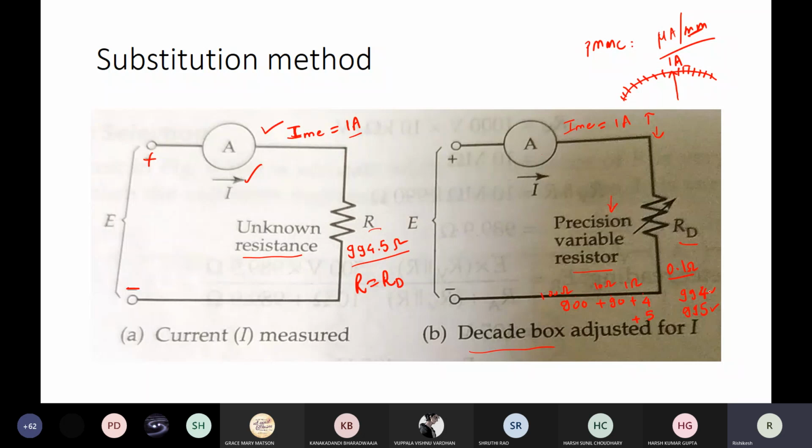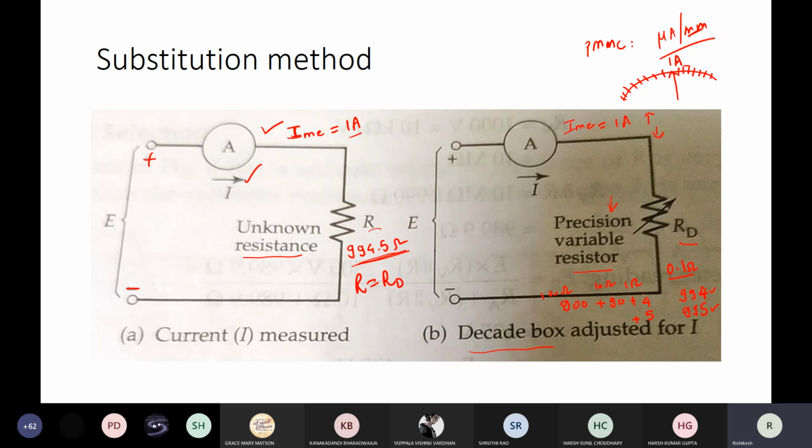Now when the resistance varies from 994 to 995, and the actual value of the current was 994.5, whatever reading is there, it will slightly vary around that value. But if the scale is not marked with very high precision, then we'll not be able to record the change in current. Am I right? Yeah. So this is where the problem comes.